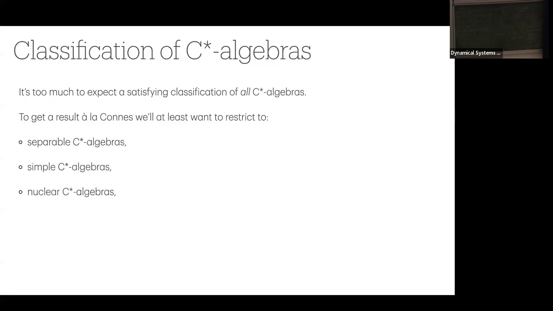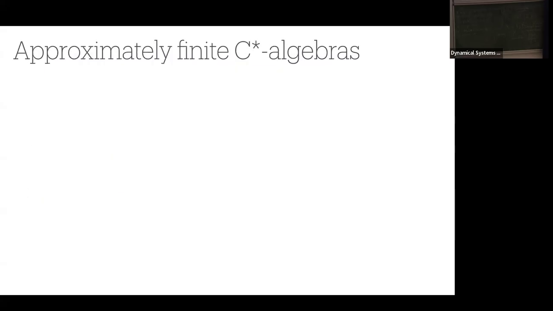We want to look at nuclear C-star algebras because these are much more well-behaved. We have nice finite dimensional approximation properties we can use. And usually I'll stick to the unital case, although this is a little bit less important. Units make things easier though, so we'll do that.